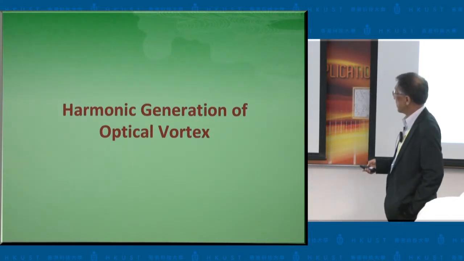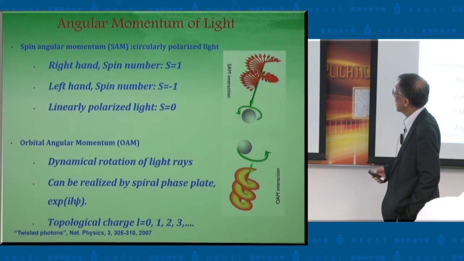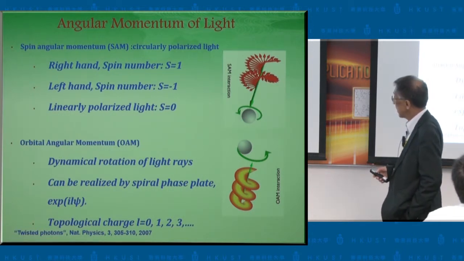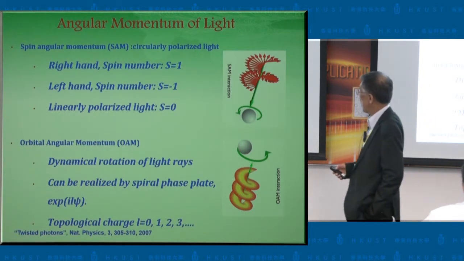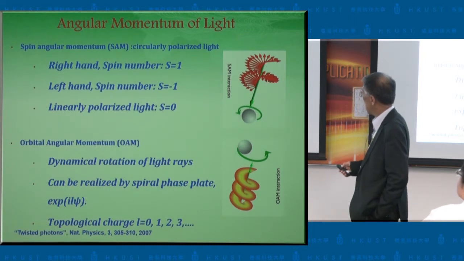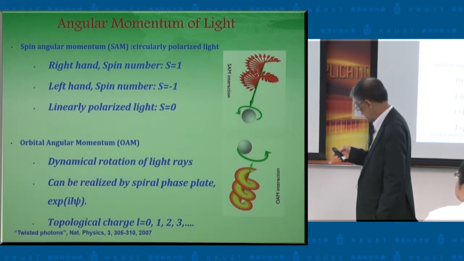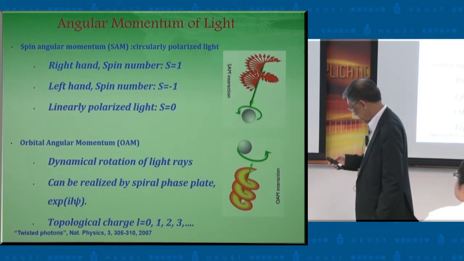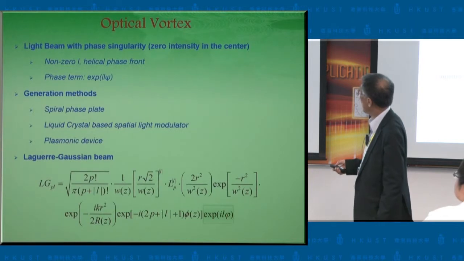On that, we have a similar thing looking at the harmonic generation using the optical vortex. We mentioned before, so this is slightly repeating itself, whereas you have the right-handed and the left-handed spin, and then the linear polarized, and the OAM itself, looking at the rotation of that, then you have the topological charge here, which is from 0 to 1, 2, 3, and so on.